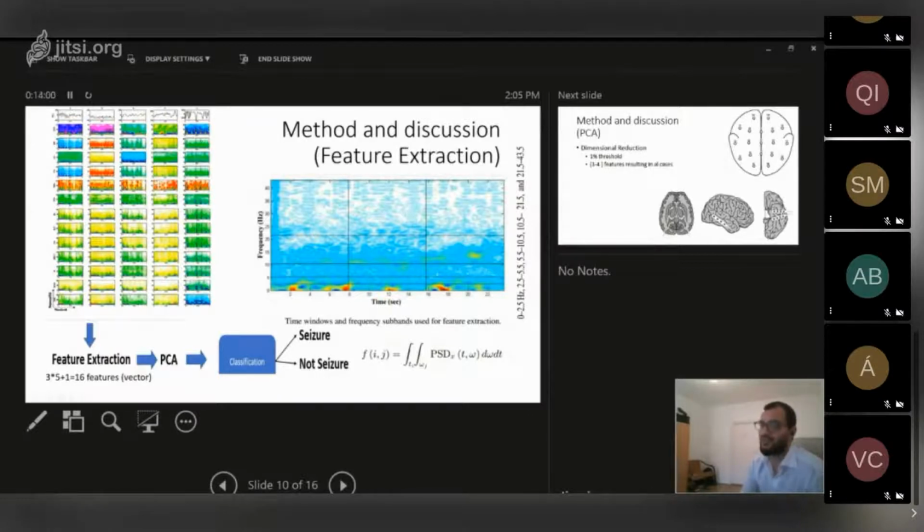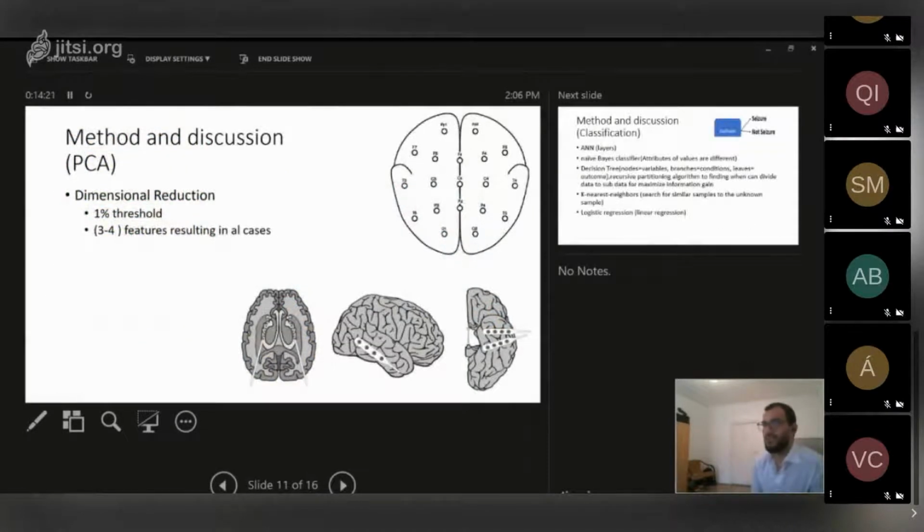So we have 16 feature values for every segment. Then we need to apply feature dimensional reduction, because we have a lot of features. For dimensional reduction, PCA is applied, with a 1% threshold, and 3 or 4 extracted features result for the rest of the methods.